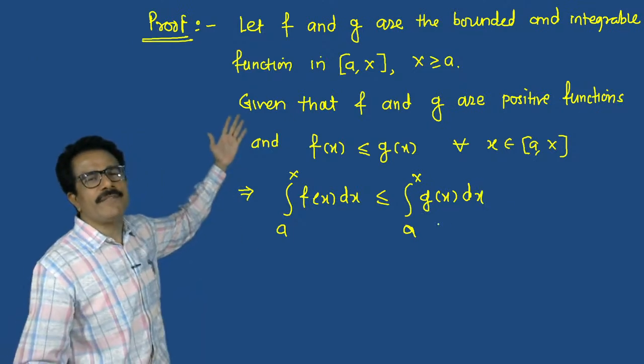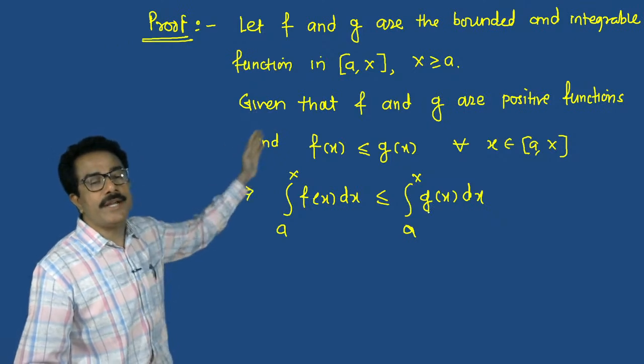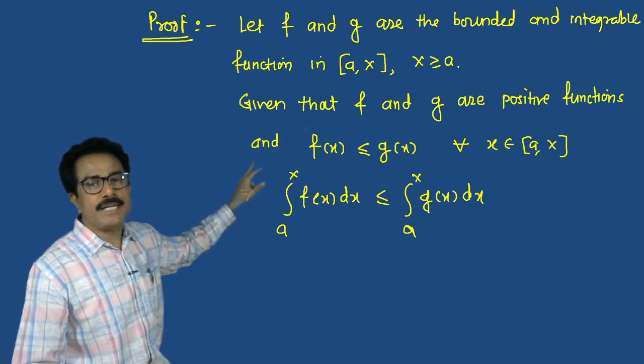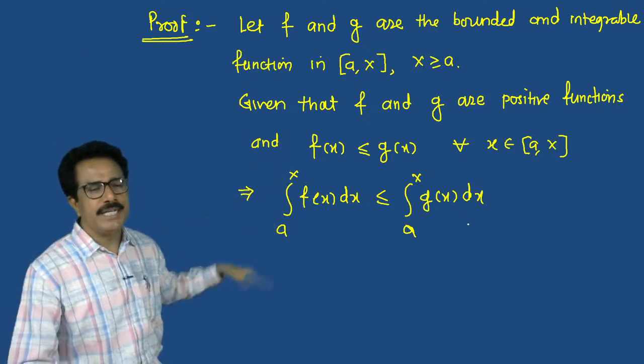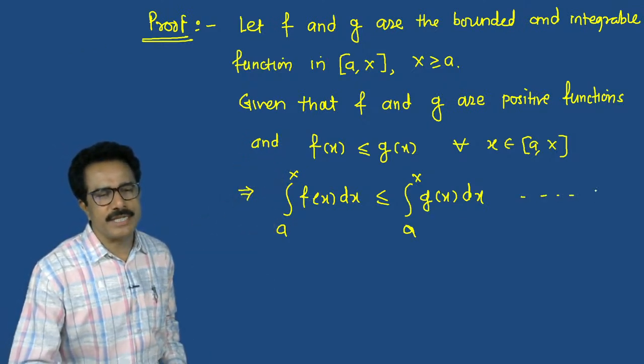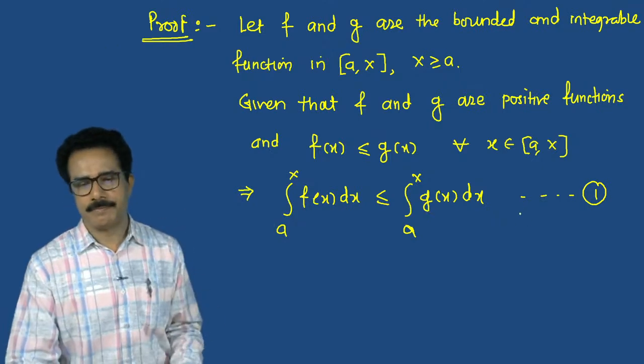Because f and g are positive, bounded and integrable functions such that f of x is less than or equal to g of x, definitely we can say this. Suppose this is equation number 1.